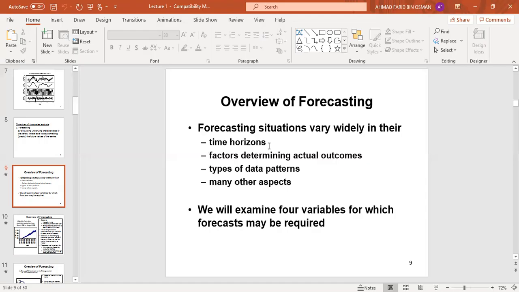But for other data, you need to know the other factors determining the movement of the series, because it doesn't only depend on the previous historical pattern of the same series.